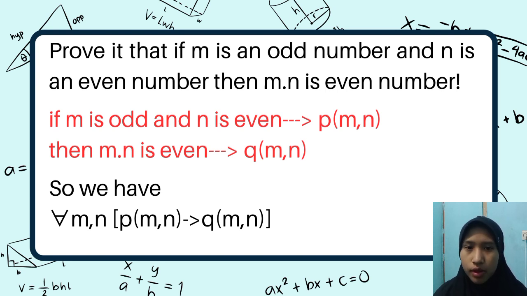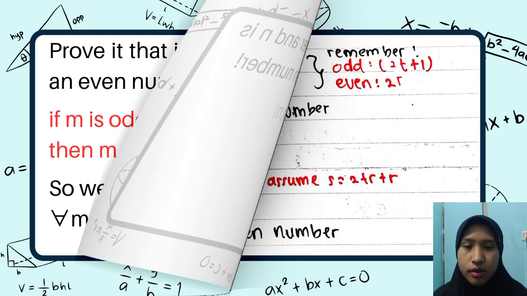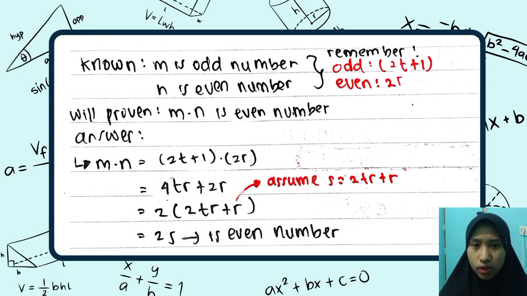In the problem, m is an odd number and n is an even number, that is P(m,n), and m times n is an even number, that is Q(m,n). So for every m, n in the universe of discourse, if P(m,n) then Q(m,n).